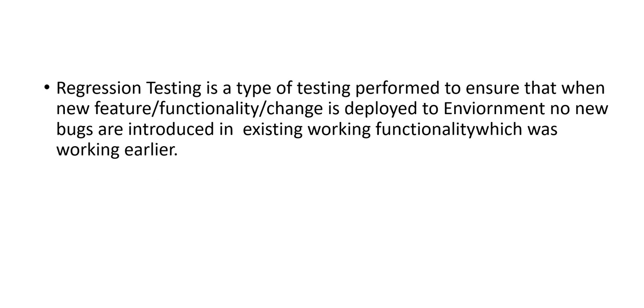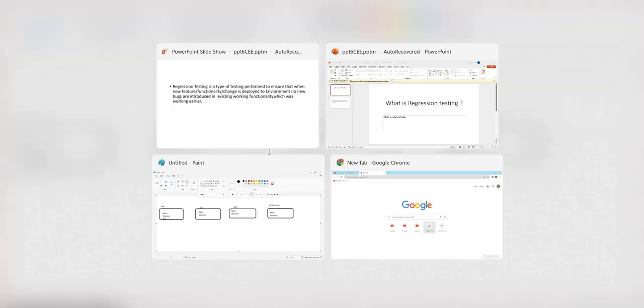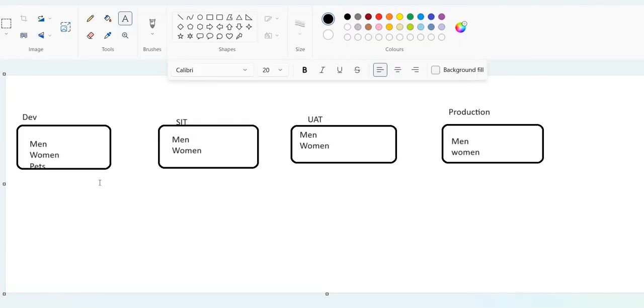Now let's take an example. I have a very rough diagram here just to show you what exactly it is. There are 4 blocks here, you can see. Now consider that these are some e-commerce shopping websites.